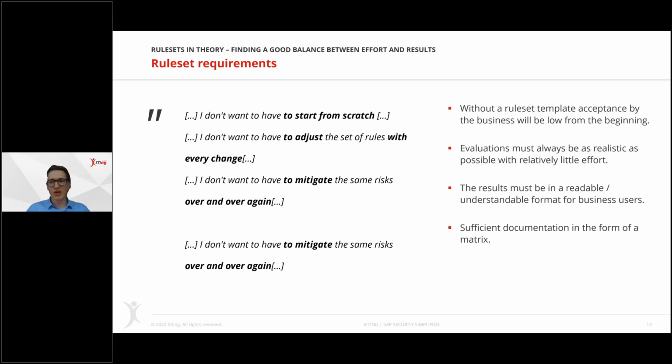In terms of time, we can keep that short. In terms of acceptance, I just want to add that in relation to the results, it needs to be in an understandable and readable format. This is what typically GRC tools struggle with, that the results are still very technical.